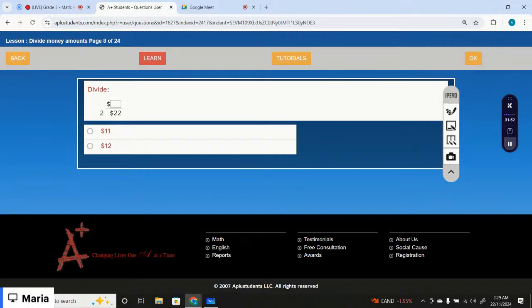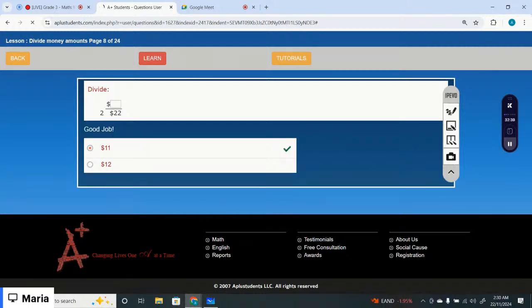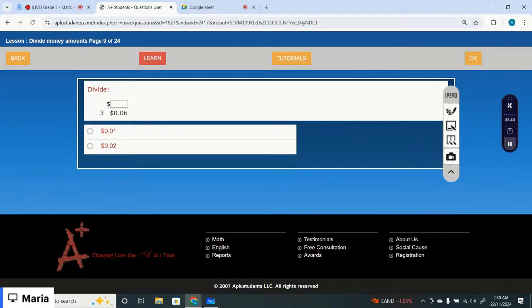22 divided by 2, which is the correct option? That is option number 1, 11. 22 divided by 2 is option number 1, 11. 0.06 divided by 3.